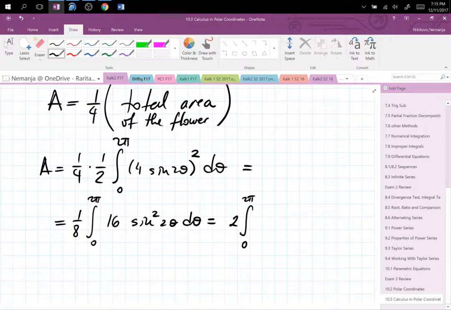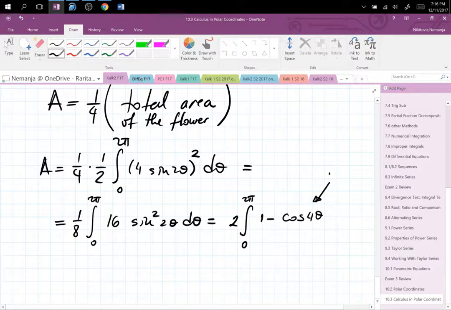How do we integrate sine squared? Power reducing, thank you. So I should write 1 minus, you said what? Cosine of 4 theta. There he is, 4 theta.